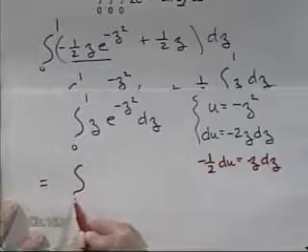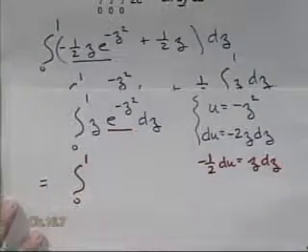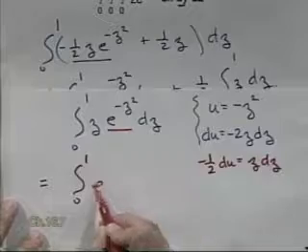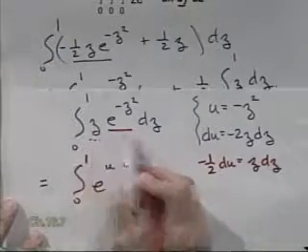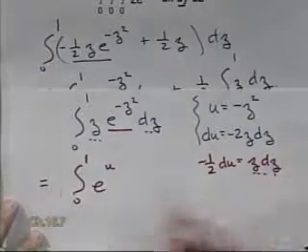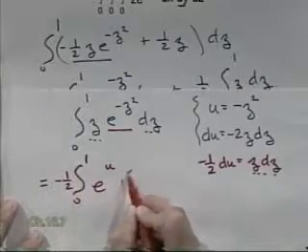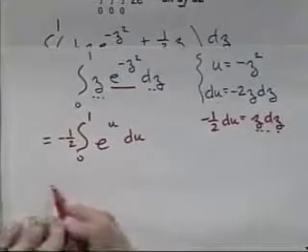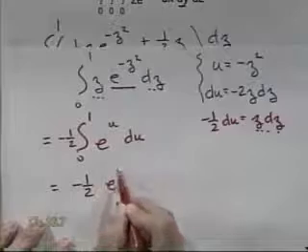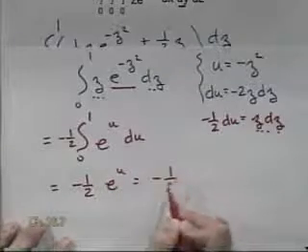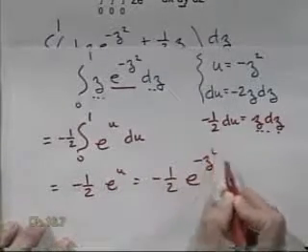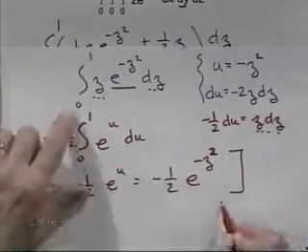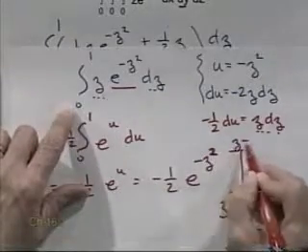So this becomes the integral from 0 to 1. E to the minus z squared becomes e to the u, and z dz gets replaced with minus 1/2 du. And so therefore this is equal to minus 1/2 e to the u, which is minus 1/2 e to the minus z squared, as z ranges from 0 to 1.